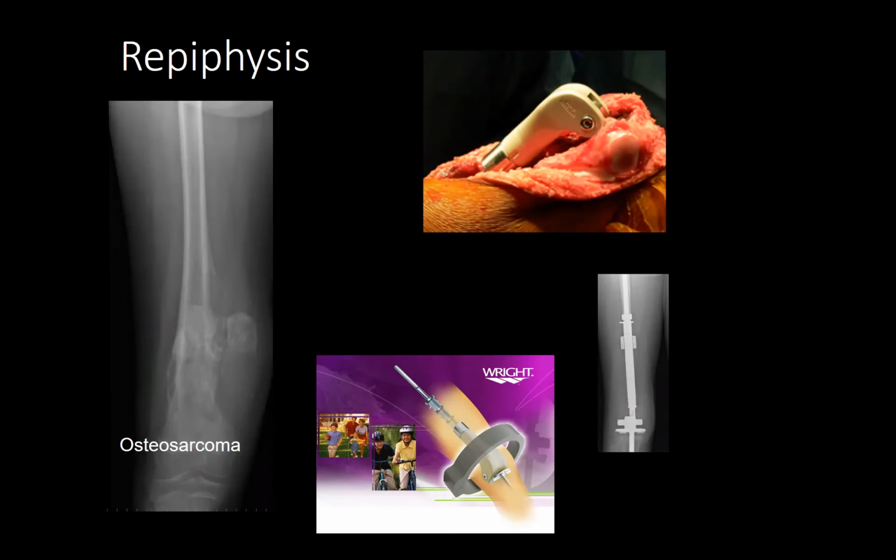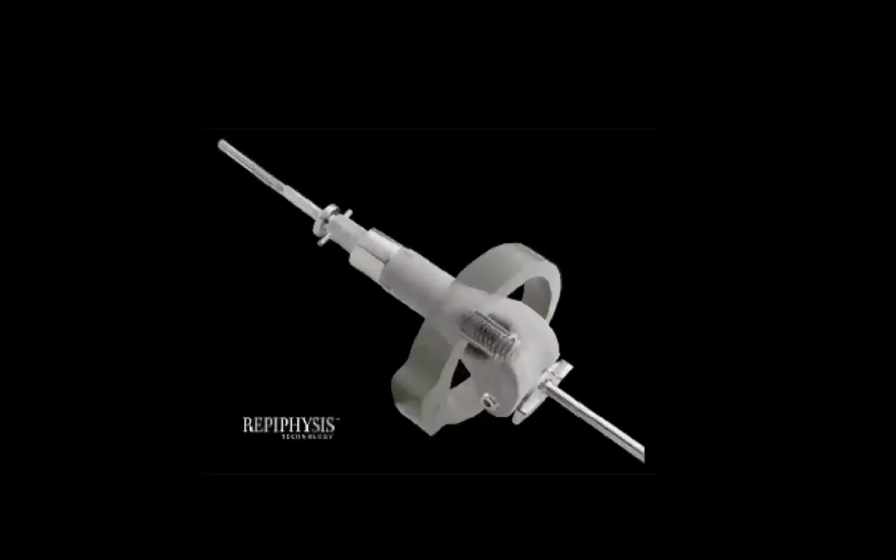It sounds great. We're going to grow it. It's going to be non-invasive lengthening, but they're really not super robust. So the Repiphysis works. Let me just show you this next slide. The Repiphysis is essentially, if you think about it like a toilet paper tube, right? You have 2 tubes inside each other, and then there's a spring inside.